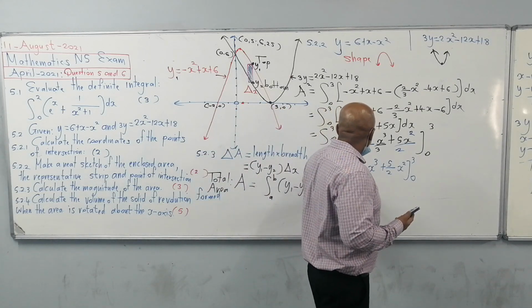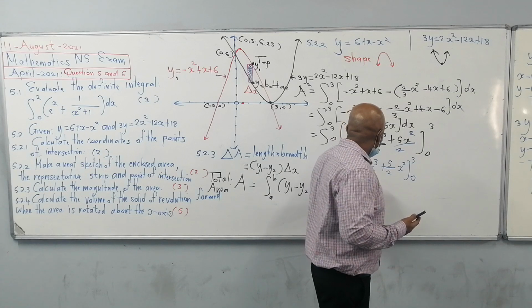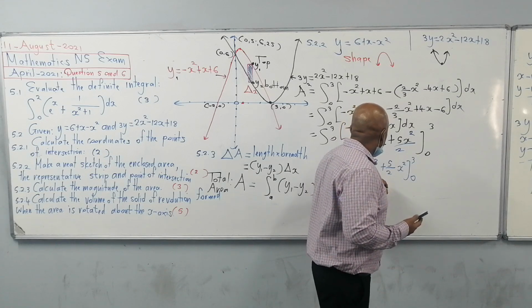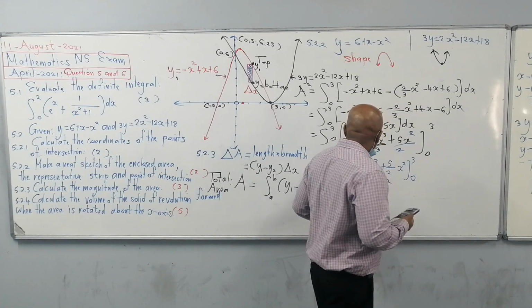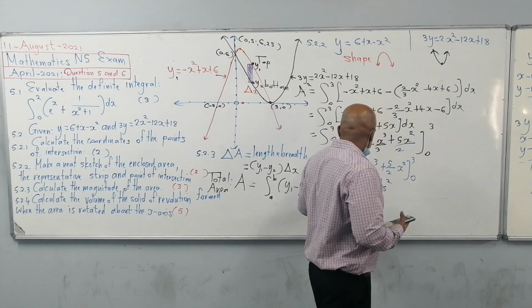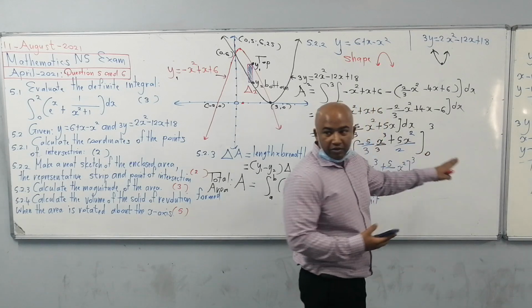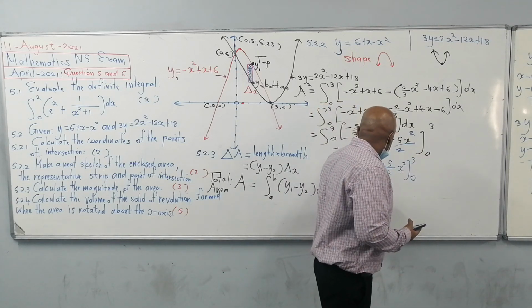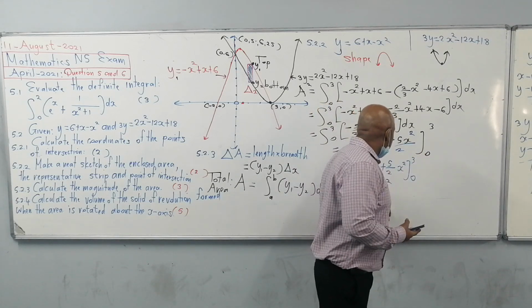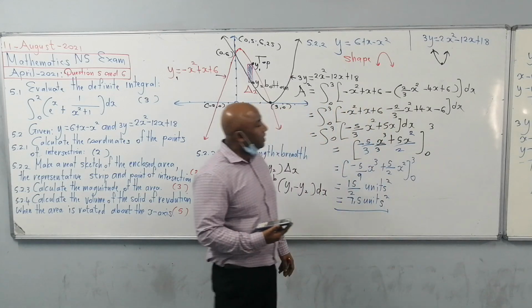So we get 15 over 2 units squared, because this is area. When you substitute 0, you're going to get 0 here. You can see that. So this was the area, which was not too bad.